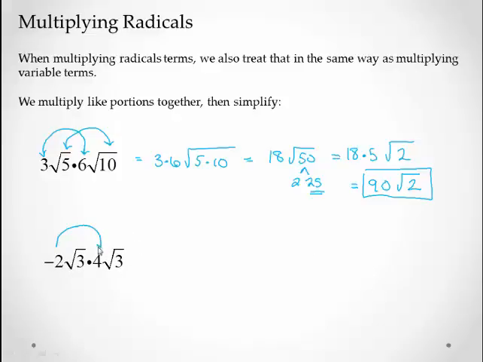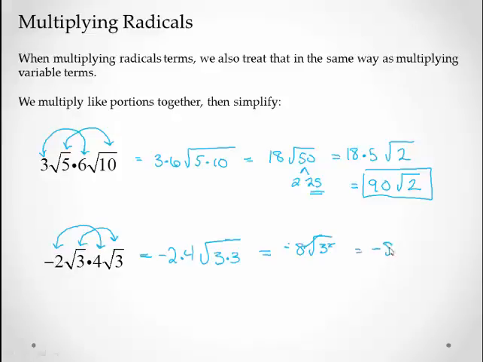Or if we have alike radicals, I'm going to multiply the 2 and the 4 and the 3's, and that gives me negative 2 times 4 and the square root of 3 times 3. Whenever I take the square root of a square, 3 times 3 is 3 squared. So I'm just going to write that down.